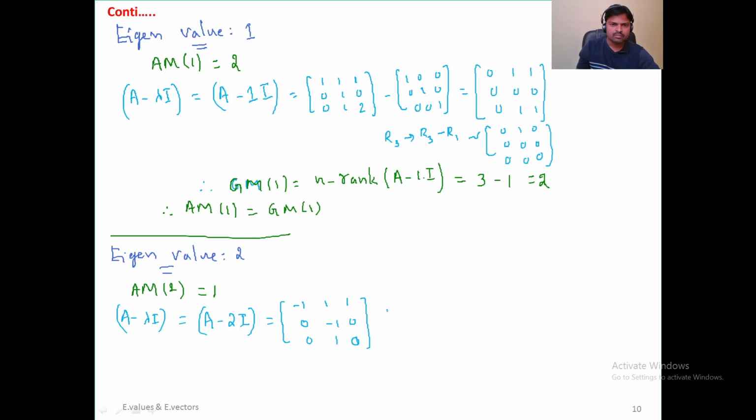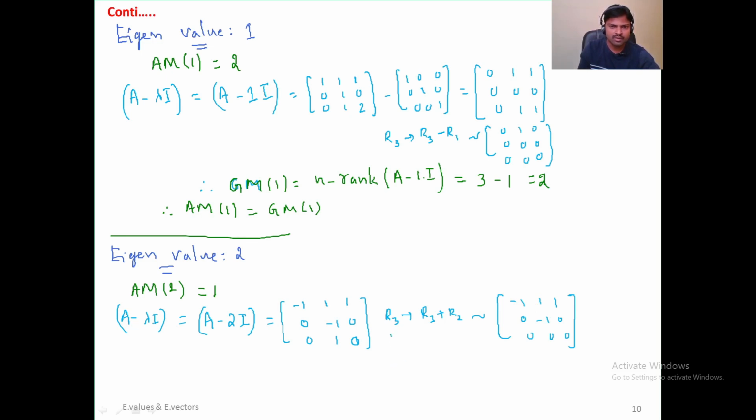And next, r3 is modified as r3 plus r2, and this is similar to minus 1 1 1, 0 minus 1 0, and 0 0 0. That's it. Further you can proceed: multiply the second row and first row by minus, so that it becomes perfect, and make this entry 0. Okay.